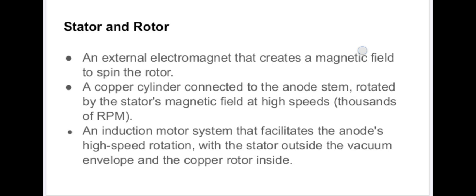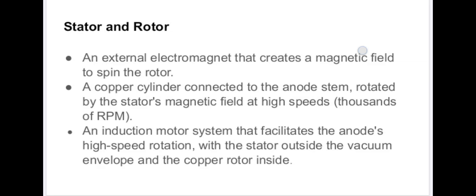Usually, the anode disc is connected to a rotor, which is made up of copper bars arranged around a cylindrical iron core. The electromagnets surrounding the rotor outside the glass envelope are called the stator.